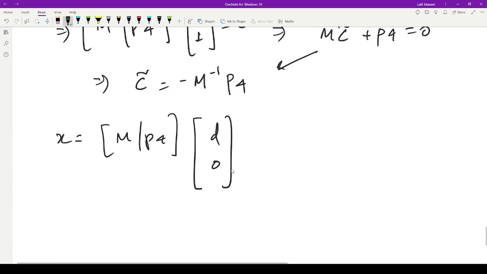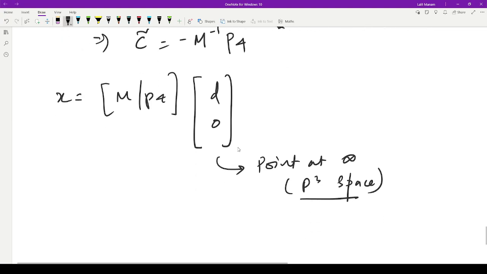Since we want the direction, this will be represented by a point at infinity, which is in P3 space. What is the x that we are given?